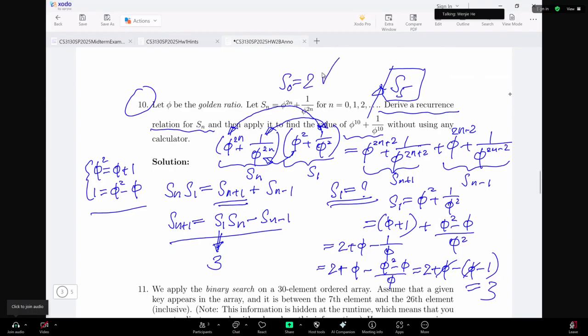S0 is 2, S1 is 3. Can you get S2 from this formula? After you get S2, can you get S3? After you get S3, can you get S4? Then S5. That's how to solve this question.